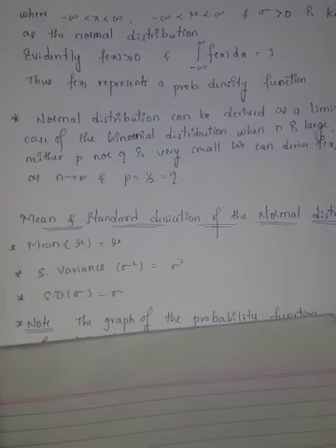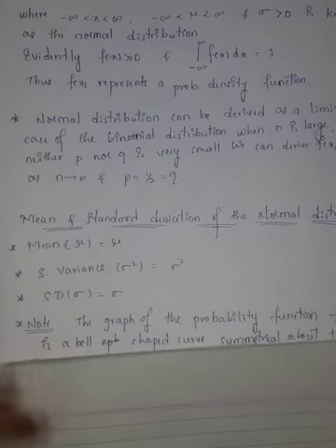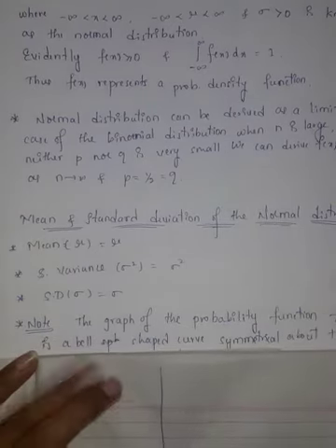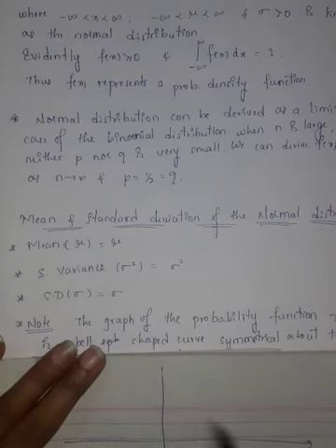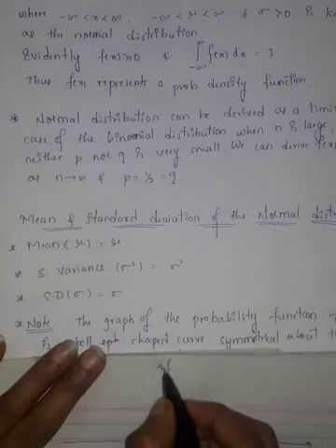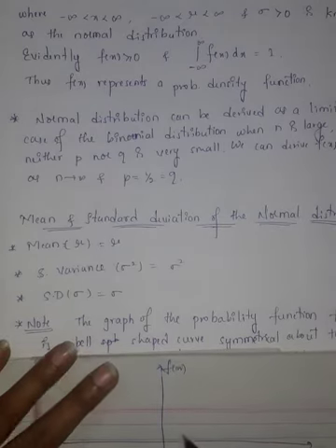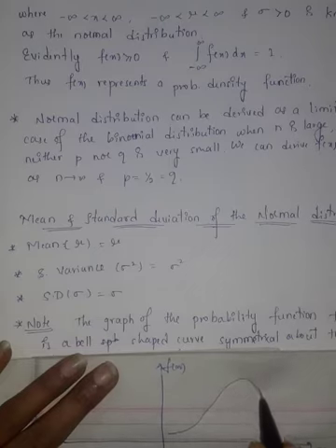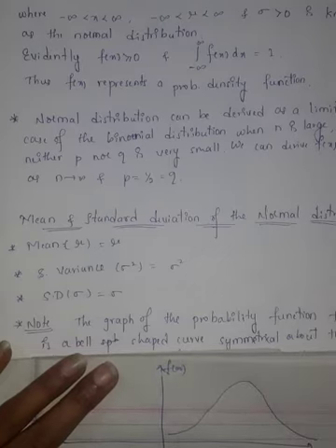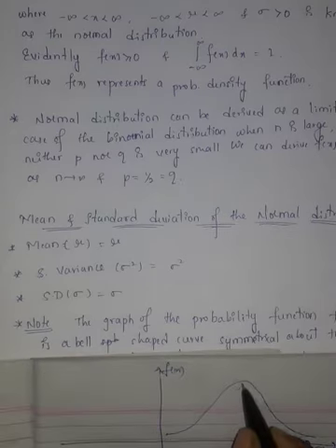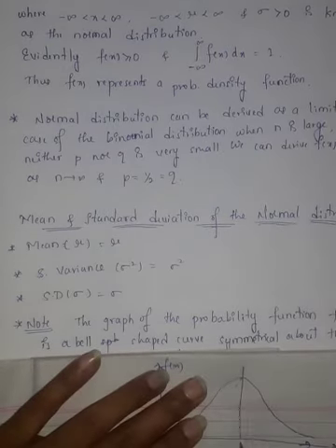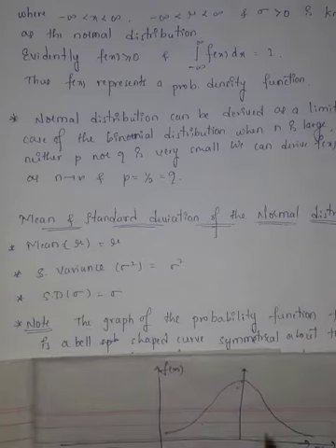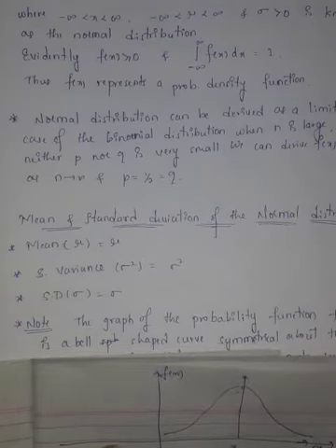So here we have some graph. Suppose this is the x-axis and this is f of x. Like this we have a graph, with the line x is equal to mu.